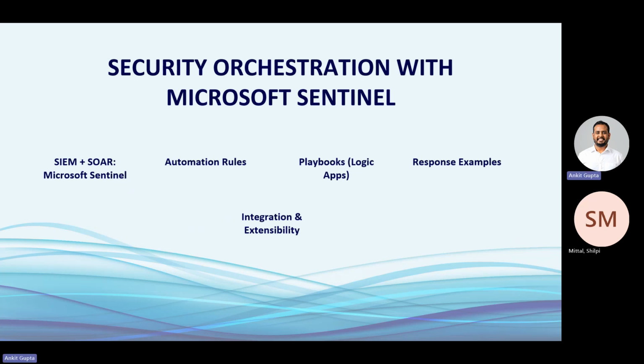The key takeaway is that Sentinel provides the glue to coordinate responses across disparate systems. Defender automates within Microsoft tools, but Sentinel ensures that no matter where a threat appears, on-prem, in the cloud, or in third-party services, a coordinated, automated response happens. It truly acts as a force multiplier for the SOC.